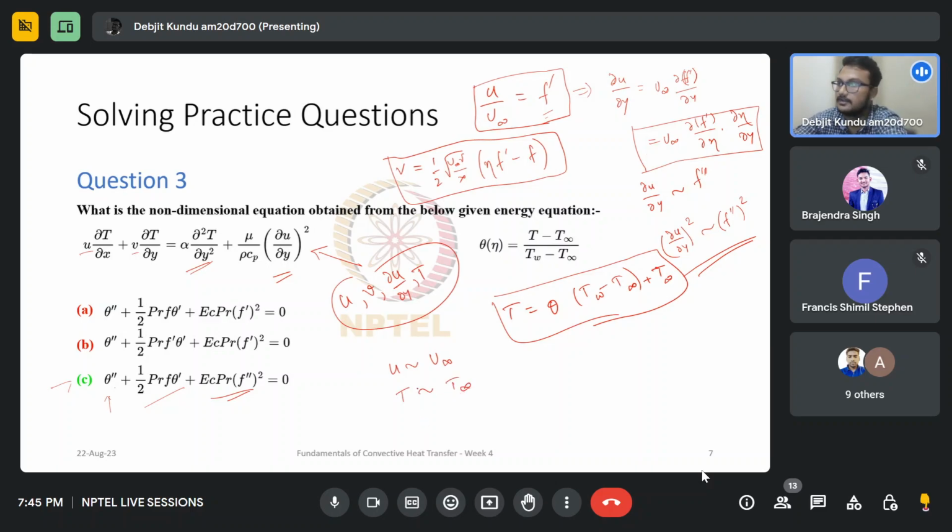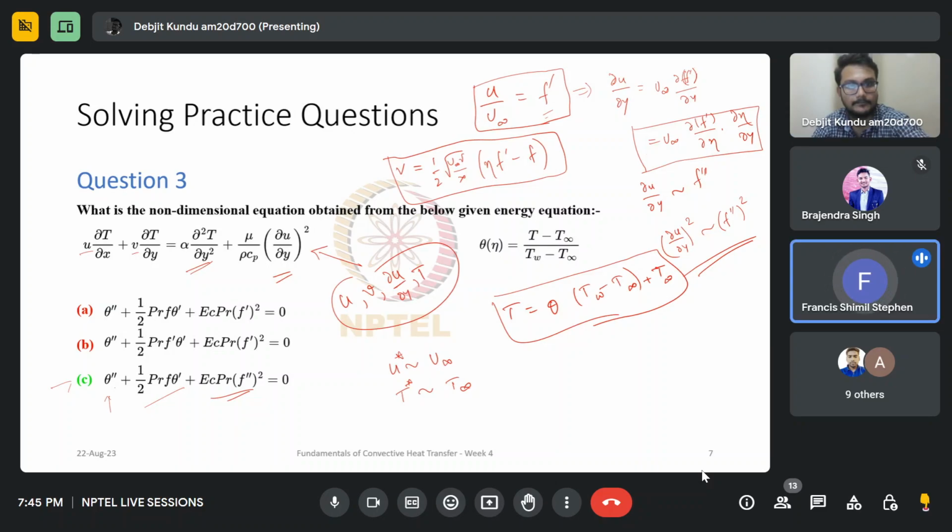You get the gist, right? After using different scales, you can non-dimensionalize this to this form. It would be mathematically a bit involved. Okay, any other questions?